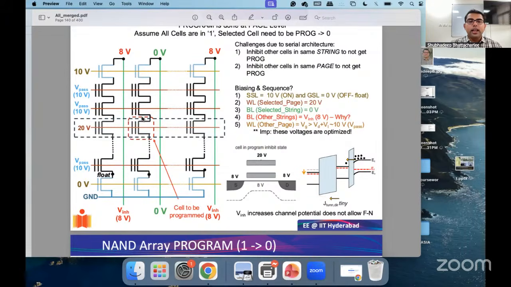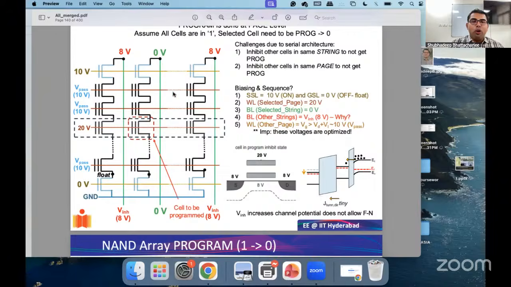And we saw that programming only one cell is a relatively challenging affair when it comes to NAND flash because of its serial architecture. This is because this particular cell has a lot of connections. For example, in series, it is connected through many other cells which are connected by the common bit line.